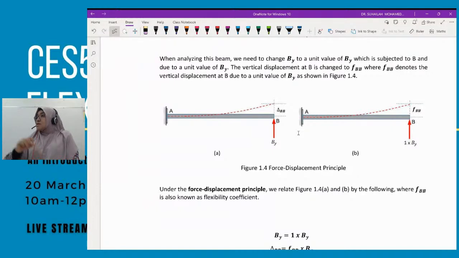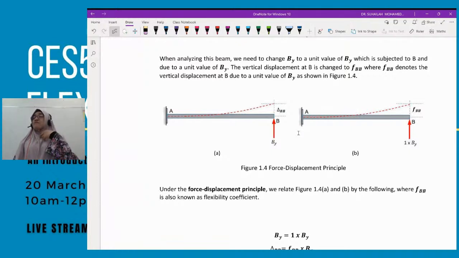Yes, because the external loading values are given, right? Okay. For the redundant beam, since By is unknown, can we calculate the reaction based on By? No, cannot.